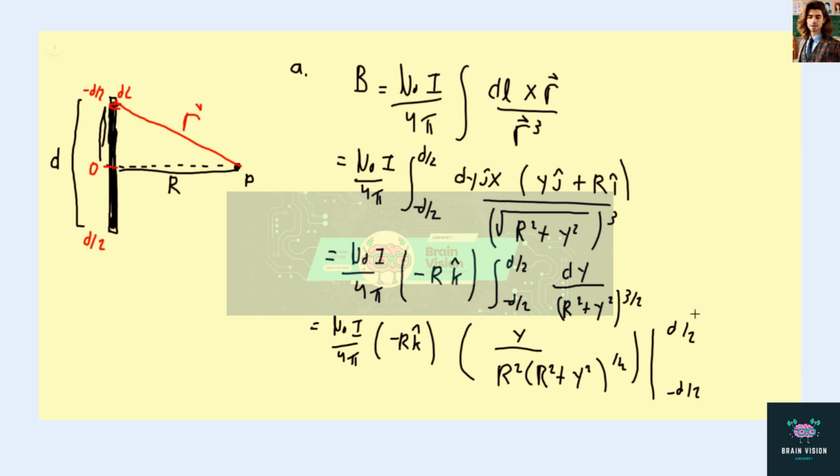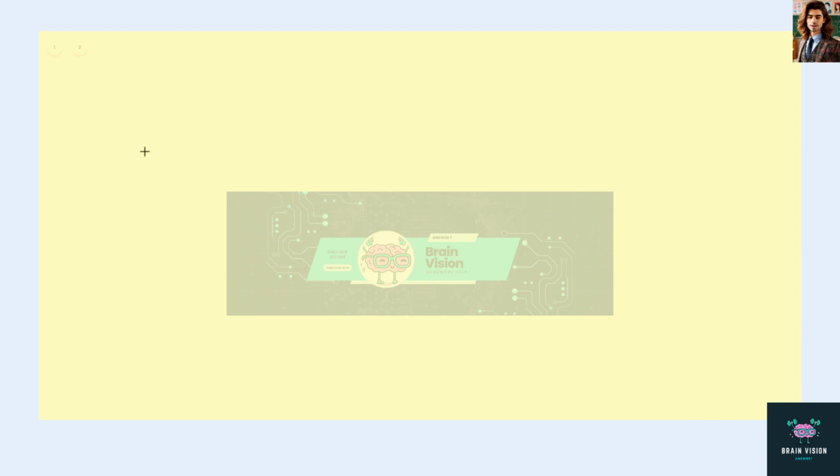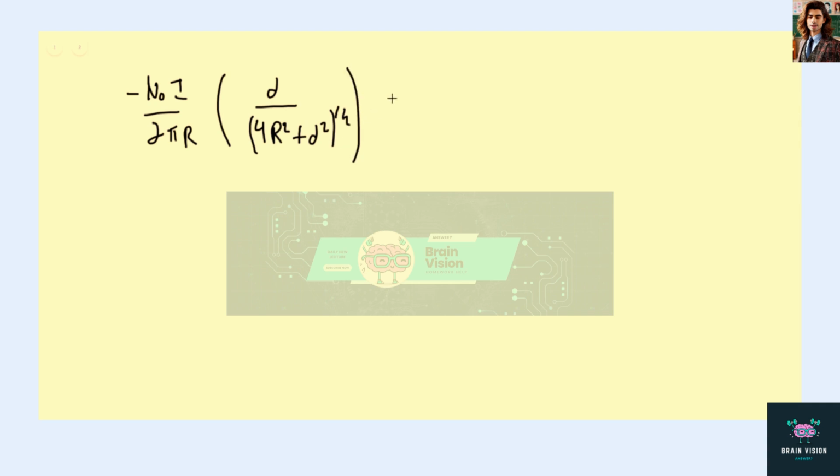Now we plug in those limits of integration, keeping all the constants out front, and doing the subtraction, we end up with negative mu naught I over 2 pi R, times d over the quantity 4R squared plus d squared to the 1/2. Remember, this is all in the k hat direction, with the negative sign out front.